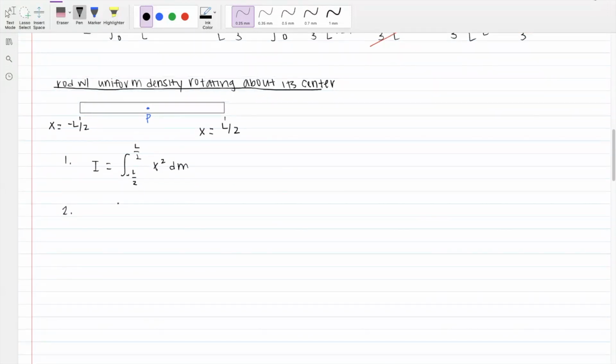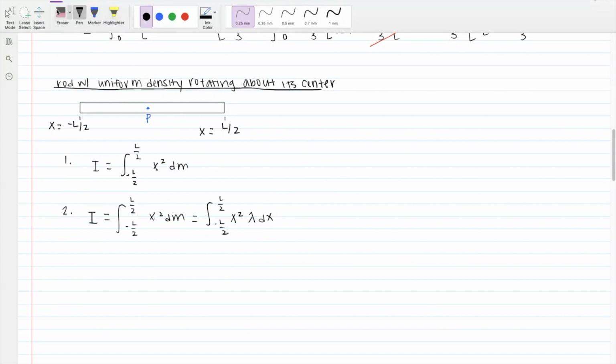Next, we're going to replace our dm and simplify. So we have I is equal to the integral from negative L over 2 to L over 2 of x squared dm, which is equal to x squared lambda dx.